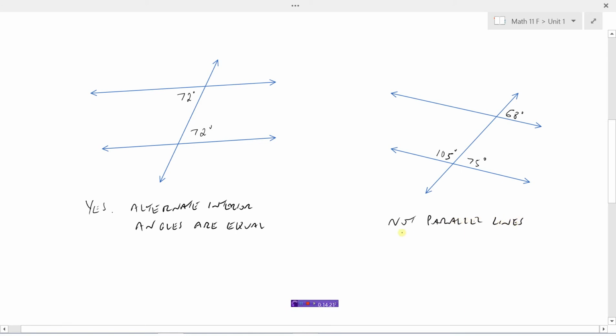Since corresponding angles are not equal, these are not parallel lines.